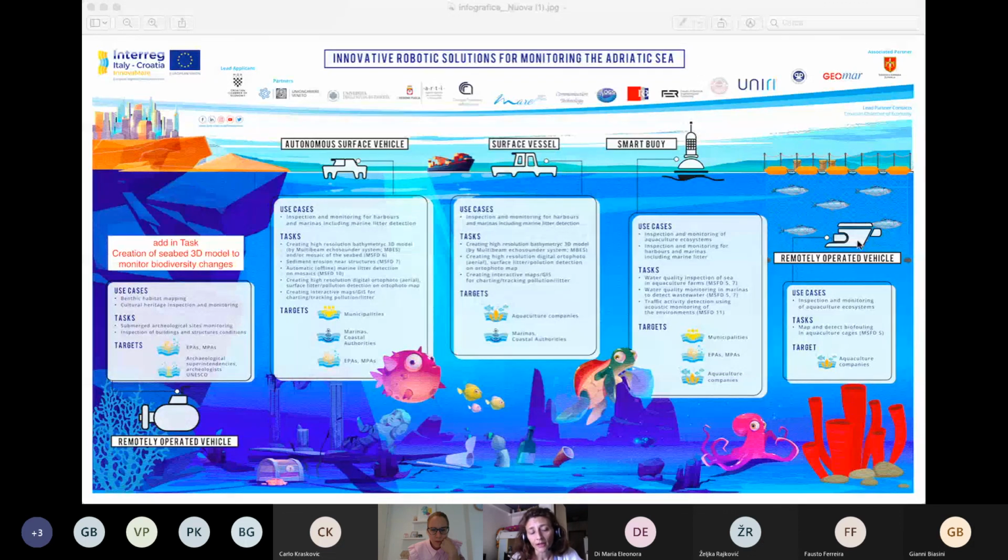But if you look at the target groups, most of the time they are public authorities: municipalities, coastal authorities, marine protected areas, environmental agencies, archaeological superintendencies, and so on. So most of the time, the target groups of these kinds of technologies are public.